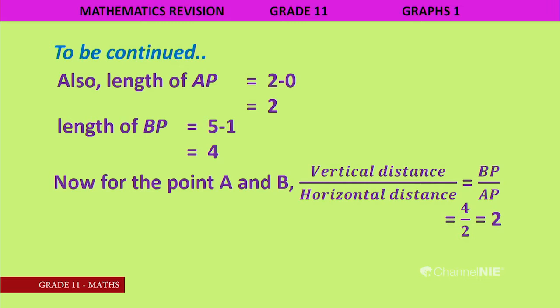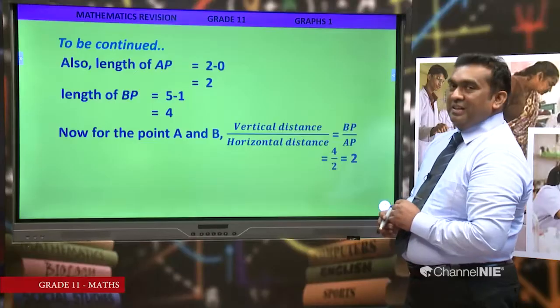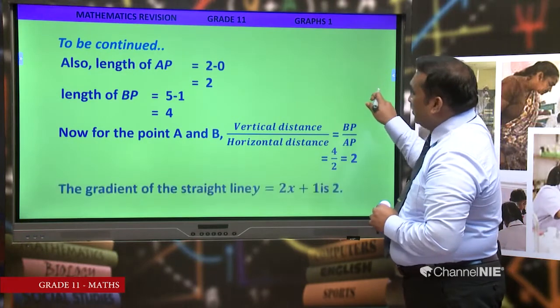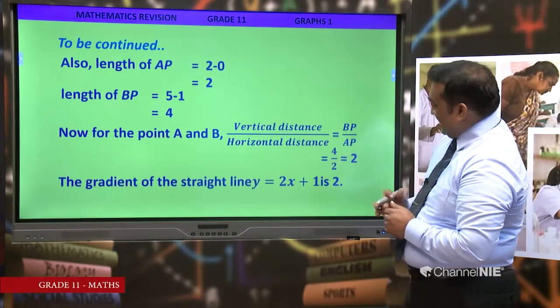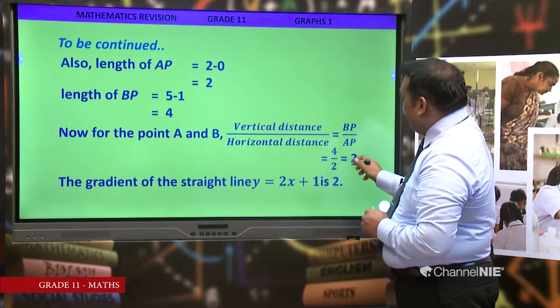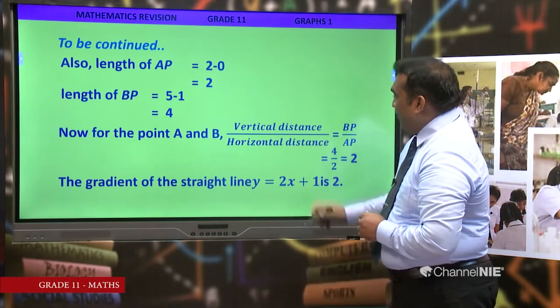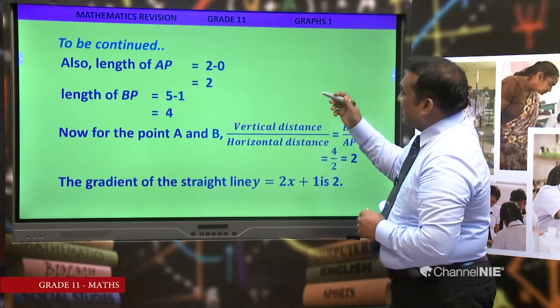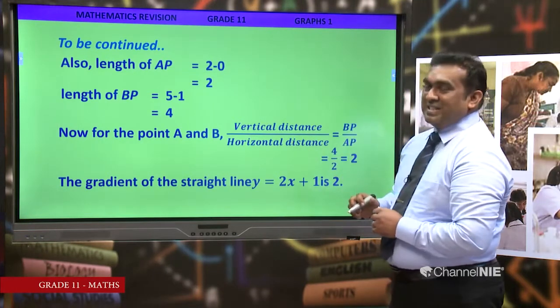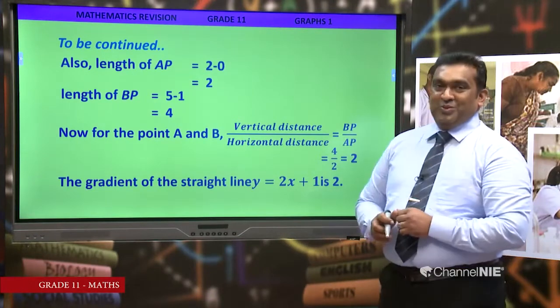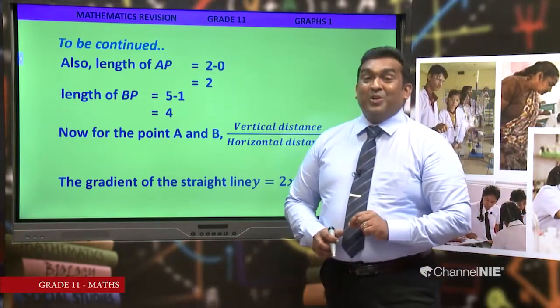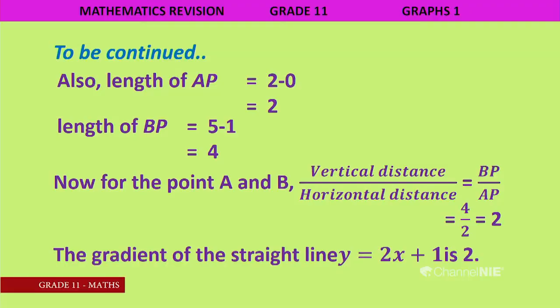Then vertical distance over horizontal distance, BP over AP, 4 divided by 2, then 2. Now, how do we get the gradient using this relation? Vertical distance divided by horizontal distance. The numerical value is 2. In the equation also you can see the coefficient of x is 2. There are 2 results.